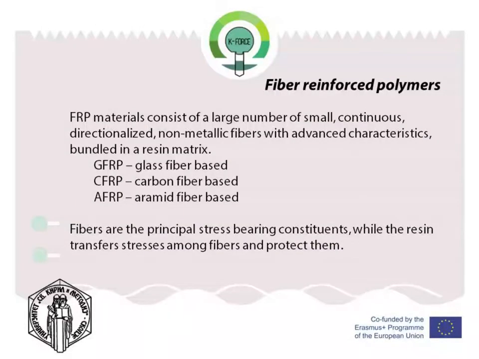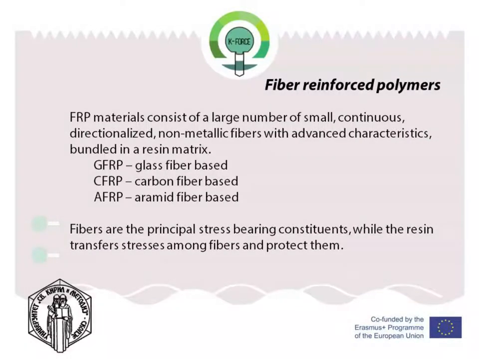in a resin matrix. Depending on the type of fiber, they are referred to as aramid fiber-based, carbon fiber-based, or glass fiber-based reinforced polymers. Typically, the volume fraction of fibers in FRP equals about 50 to 70% for strips and about 25 to 35% for sheets.